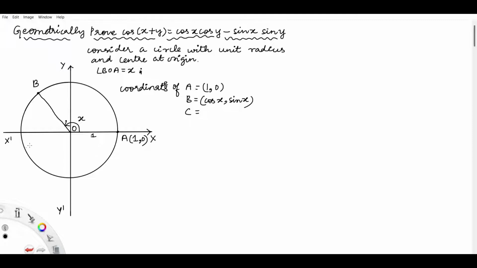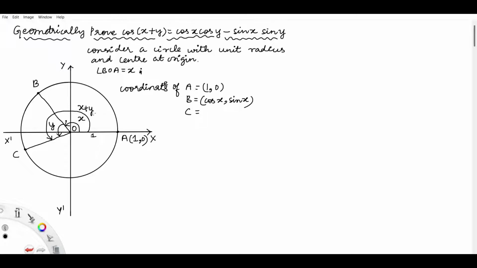Now let me consider another point C here. I'll join it with the origin. Let me call this angle y. Similarly, coordinates of C also we can find. But here one point to notice: this whole angle is going to be the sum of this angle and this angle, basically x plus y.